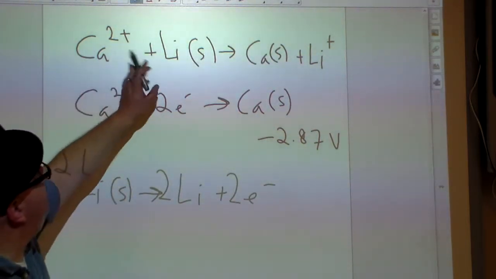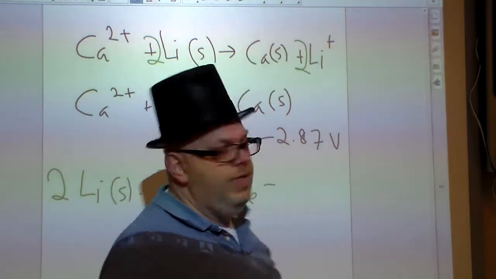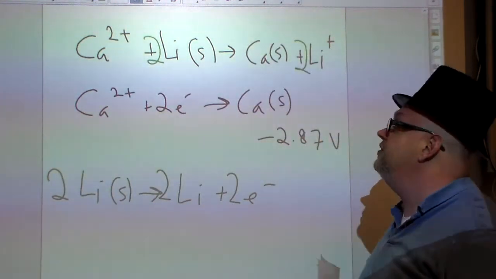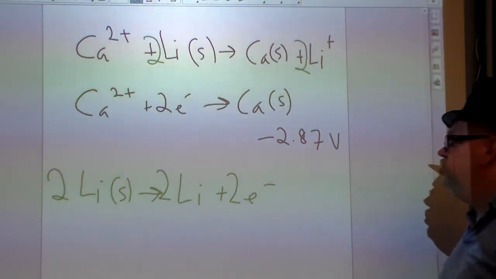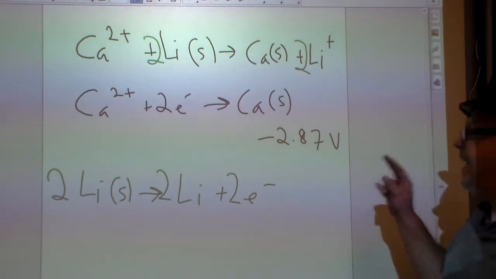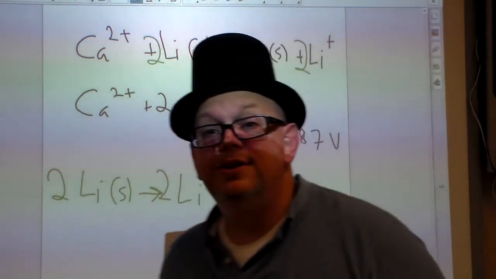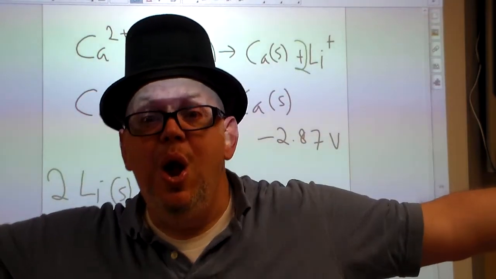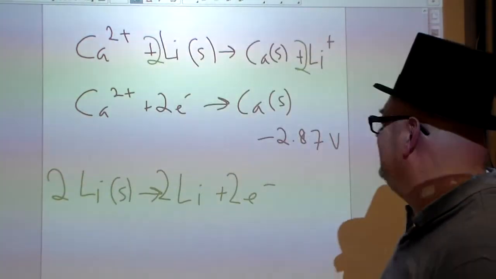So when we look at our final balance, it's going to look like this. That's what it would look like when it's totally balanced for the electrons. Does it have any effect on the standard reduction potential? The good news is no, it doesn't change it one bit.